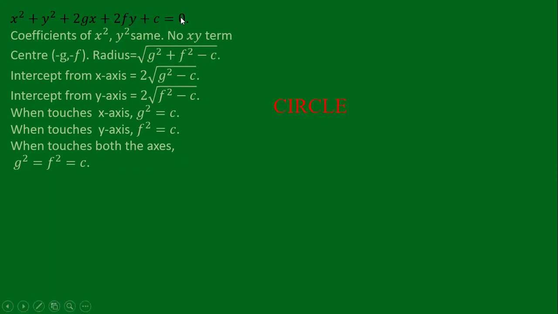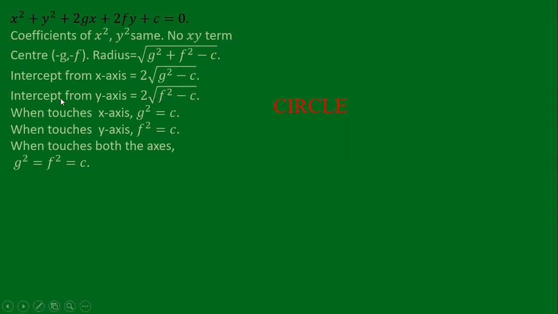This circle will have an intercept from x-axis of length 2 root over g square minus c, and the intercept from y-axis is 2 root over f square minus c.